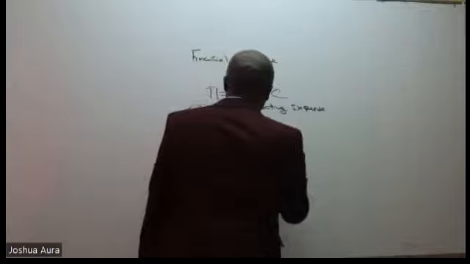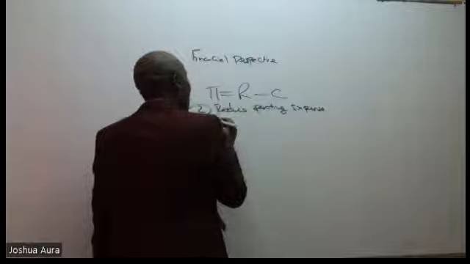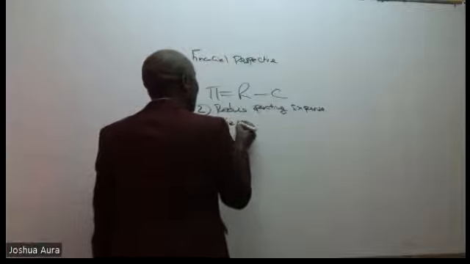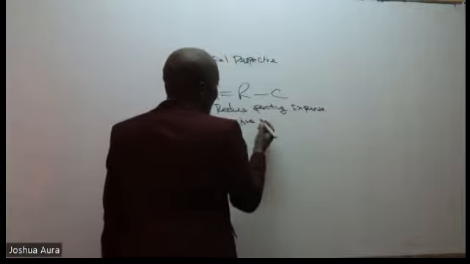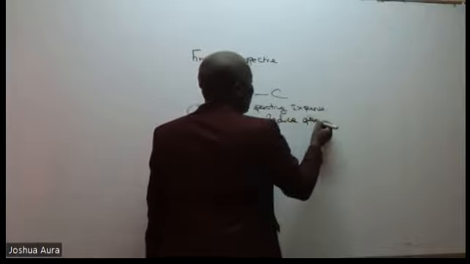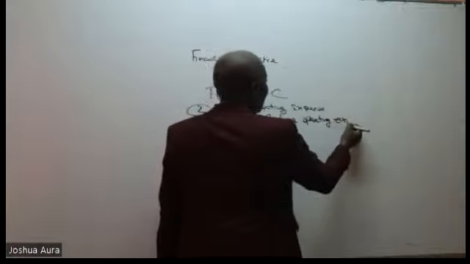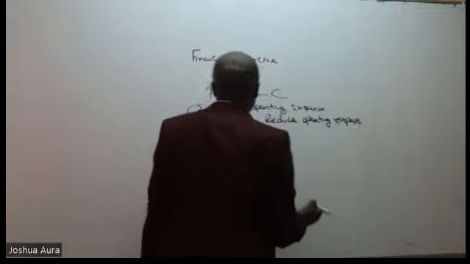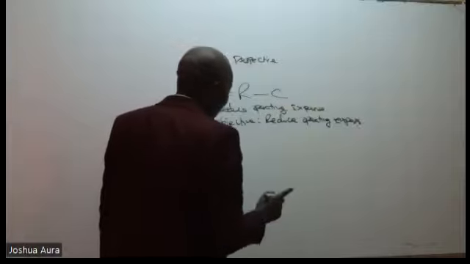This is the general rule, right? So what will be the objective here? The objective, again, is to reduce the operating expenses. That is the major objective, ladies and gentlemen.